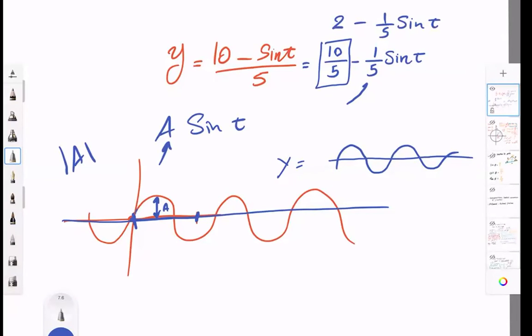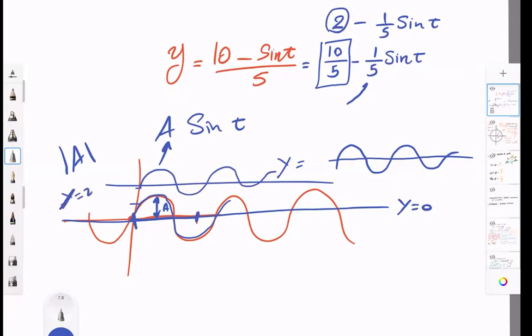If this is the graph of sine, y equal to 0 is the midline. Now you add 2 units up, so you shifted 2 units up. This is going to be like this. So the midline is going to be y equal to 2. So 1 over 5 is 0.2. We can put 1 over 5 or 0.2. Amplitude is not going to be a negative number.